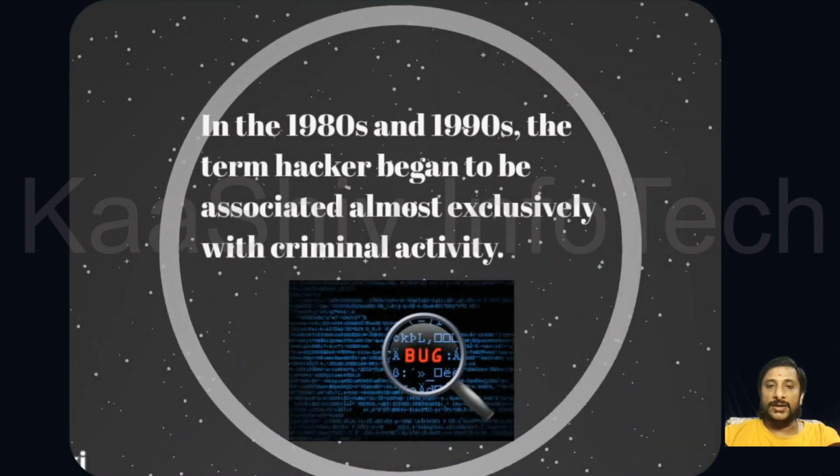So in the 1980s and 1990s, the term hacker began to be associated almost exclusively with criminal activity. So from here, the hacking world becomes a negative thing: taking money from others, breaking others' computers to grab the data, or breaking others' mobiles to grab information.